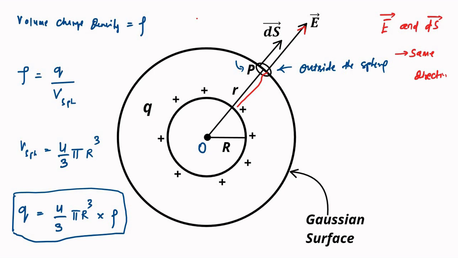So the angle between them is 0 degrees. So if we solve it, it becomes E magnitude, dS magnitude, cos 0 degrees, which is equal to the closed surface integration of E dS.